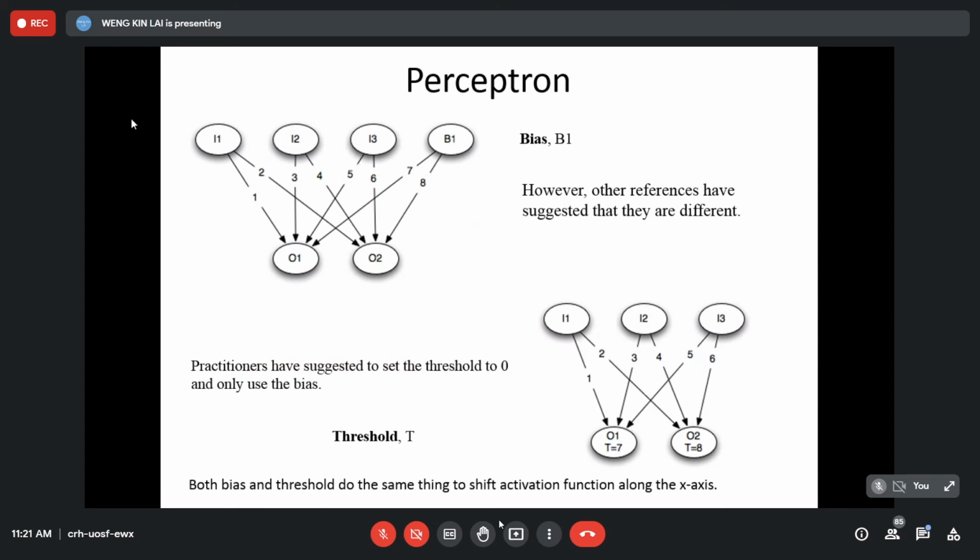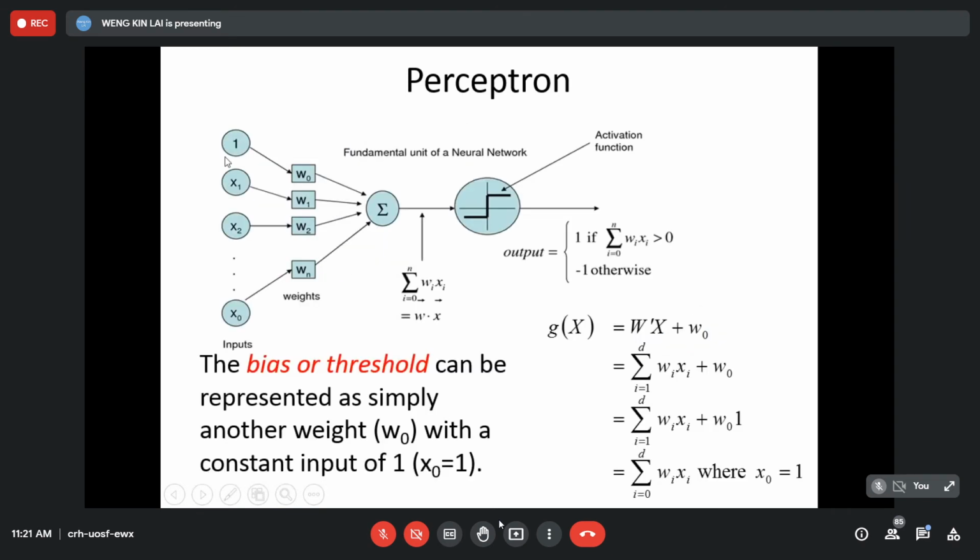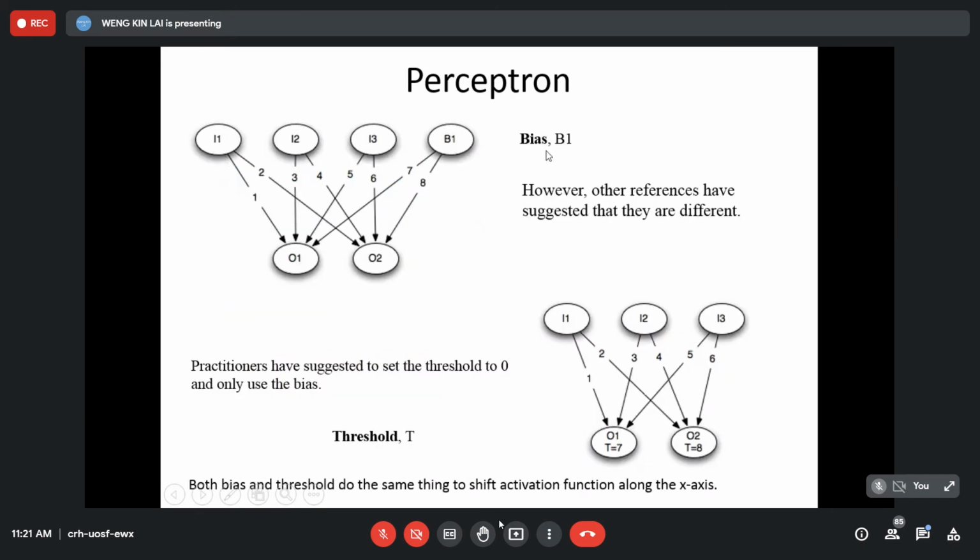So just a quick revisit of the perceptron. The bias B1, I think we've seen before in this case here, right? So you can see this bias here. Now, some references suggest that they are different, so your B1 is not the same as your inputs.